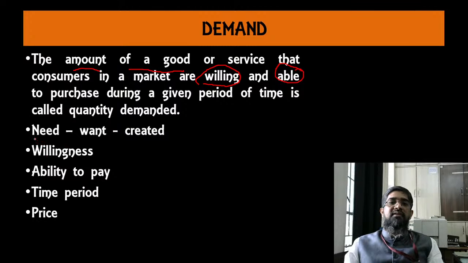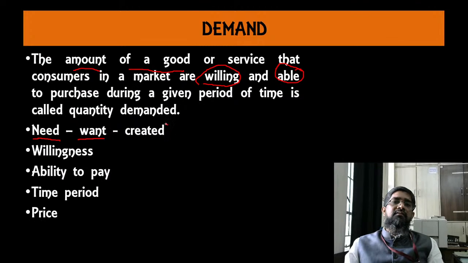So what is the first important thing for demand? That there must be a need, right? Or you must be willing to buy something. These two things are important, which you might have studied in previous classes as well, maybe 11th, 12th standard.